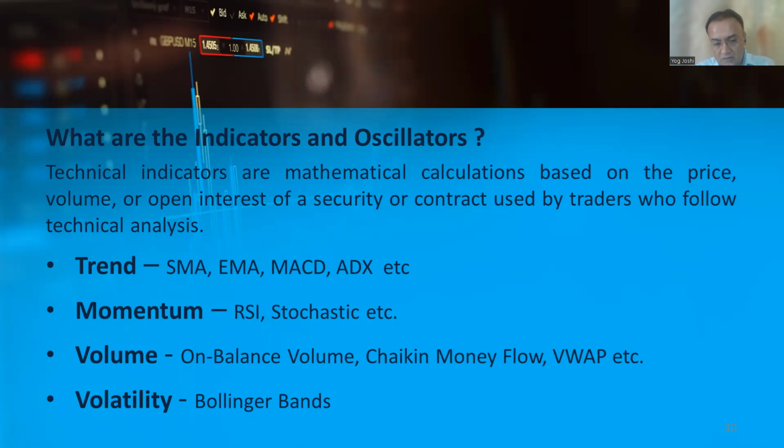Now we apply indicators and oscillators, and the conclusion will be the analysis of whether the chart is going in an upward or downward direction. One request has come for Tesla.